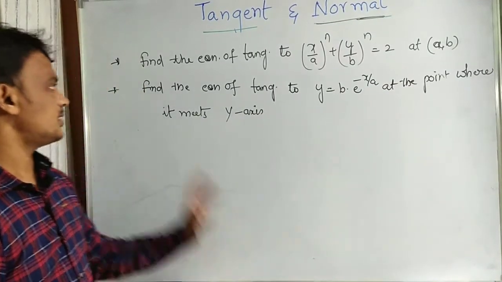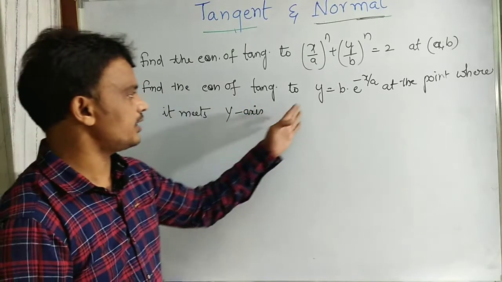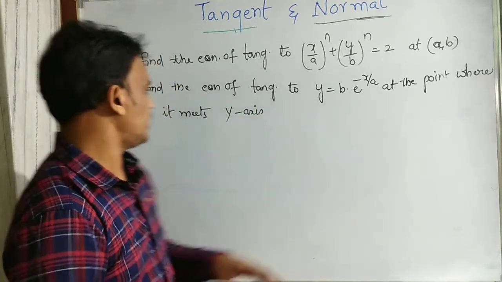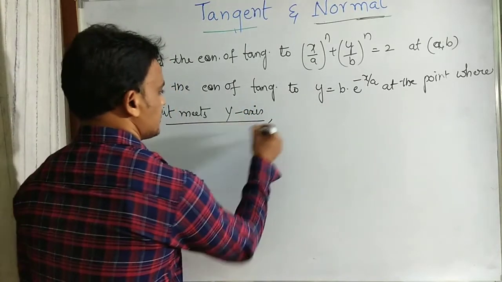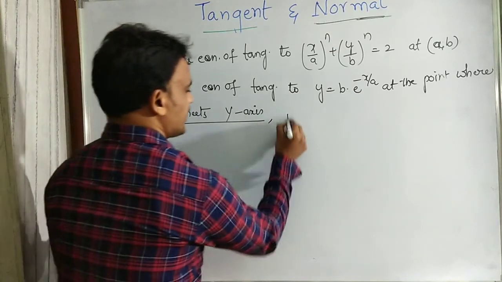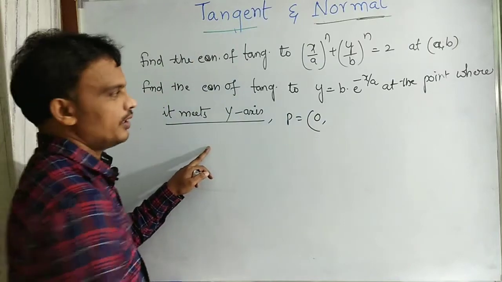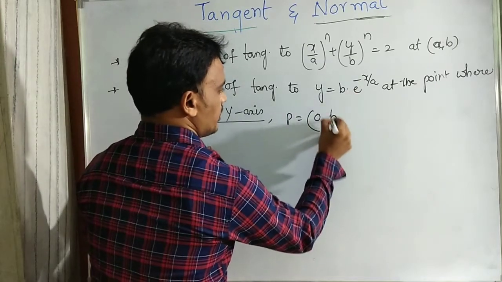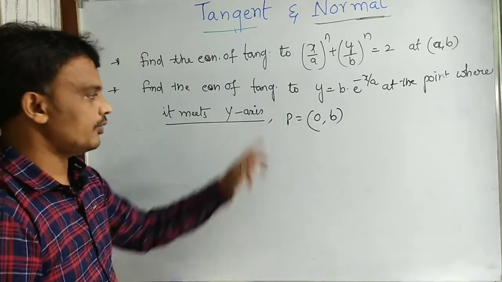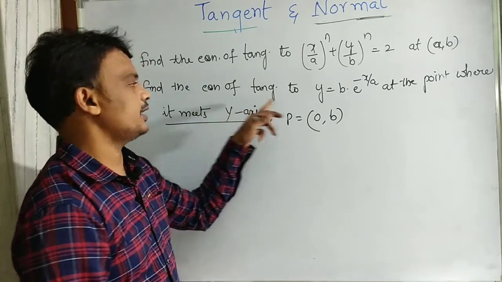Coming to the next problem: find the equation of the tangent to the curve at the point where it meets the y-axis. Where it meets the y-axis, the x coordinate is 0. When the x coordinate is 0, the y coordinate becomes b. Now at that point P, I am going to find the equation of the tangent.